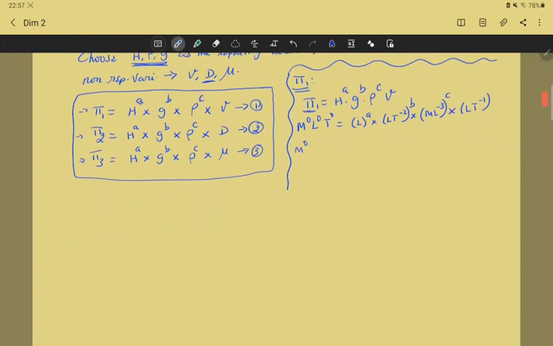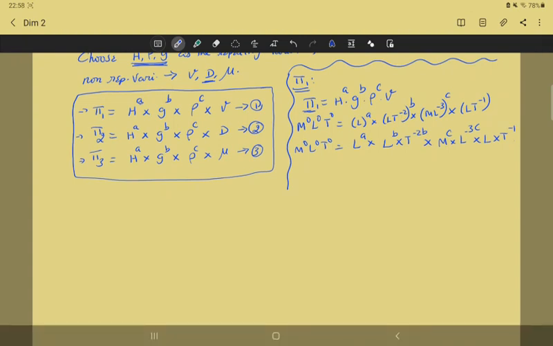M L T power 0 equals L power a times L power b times T power minus 2b times M power c times L power minus 3c times L times T power minus 1. That's it.